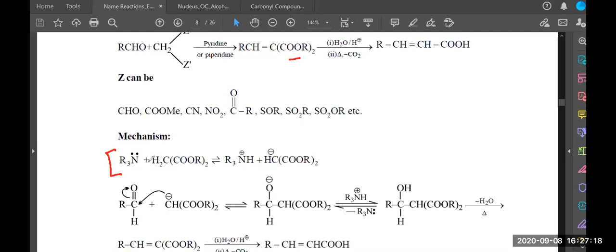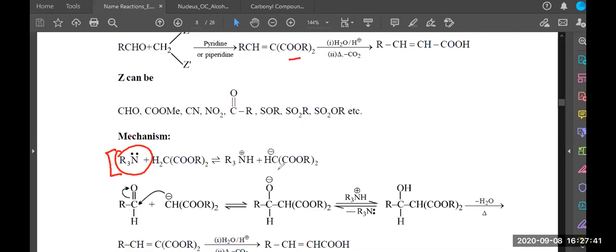So this R3N and we have the H2C, what will happen? This will act as a base, yes or no? You have to know what is the work of any reagent. R3N is a base, so it will remove H plus, yes or no? Tell me, agree?